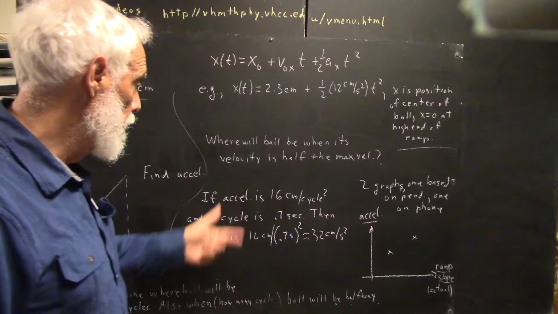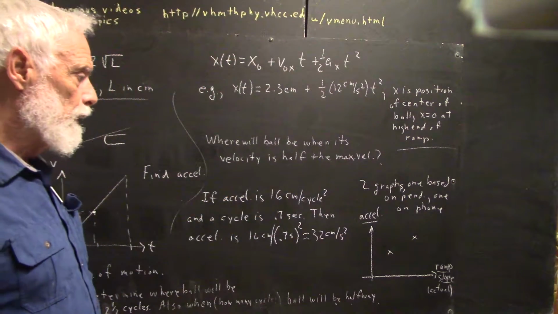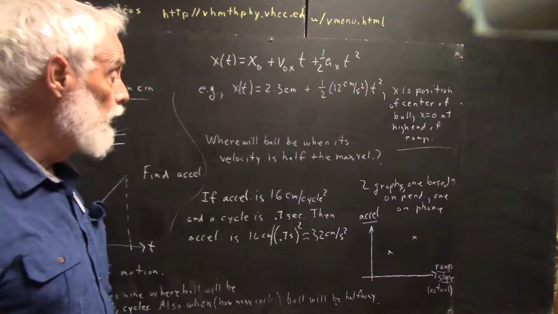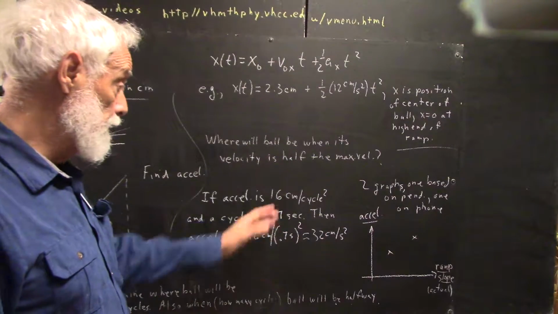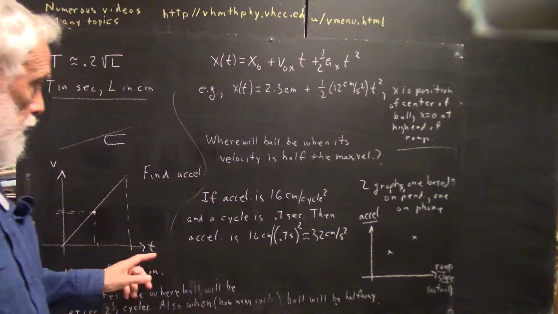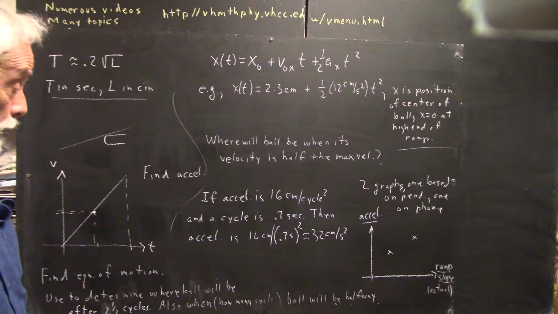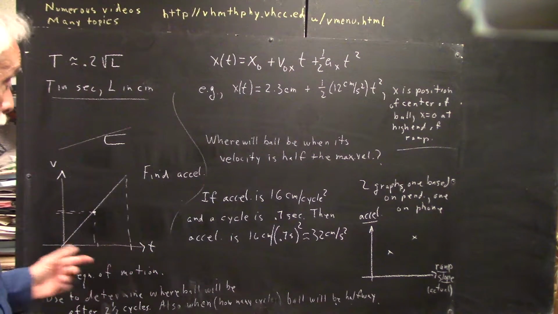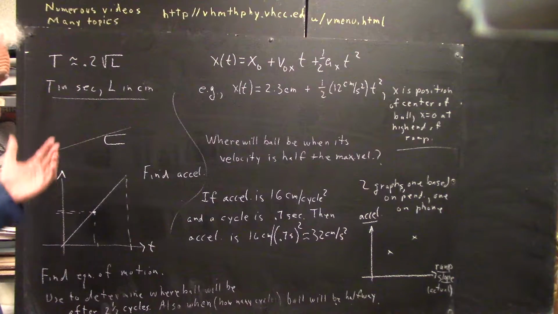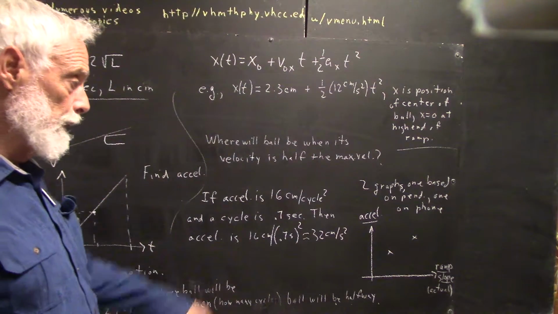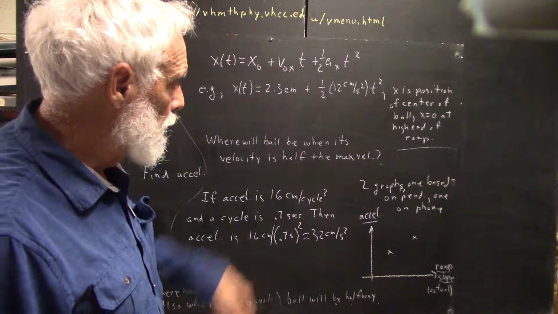The other thing here, student: if the acceleration is 16 centimeters per cycle squared, because you can certainly calculate your acceleration in centimeters per cycle squared, you can measure your time in cycles. It doesn't have to be in seconds. So you could label this axis with cycles, and you're going to get a different slope for this ramp, which will give you a different acceleration, but it'll be in centimeters per cycle squared.